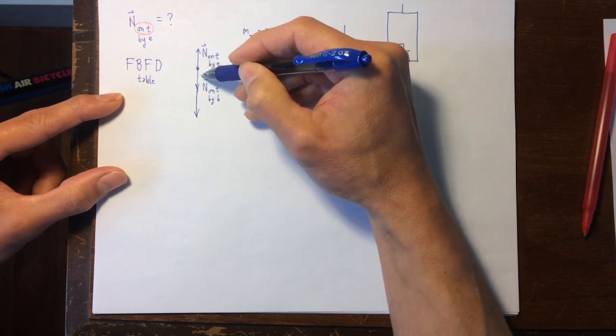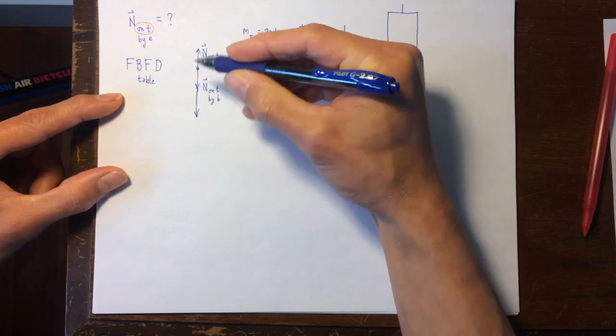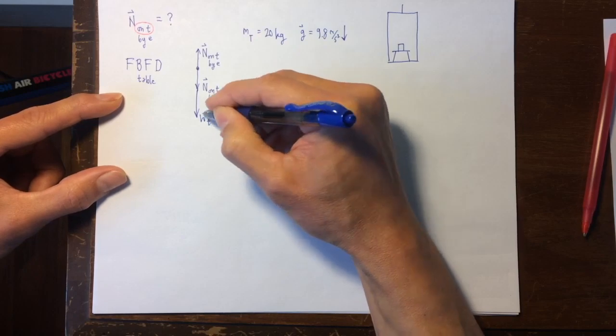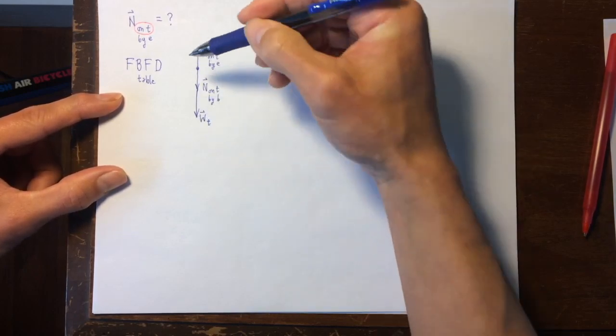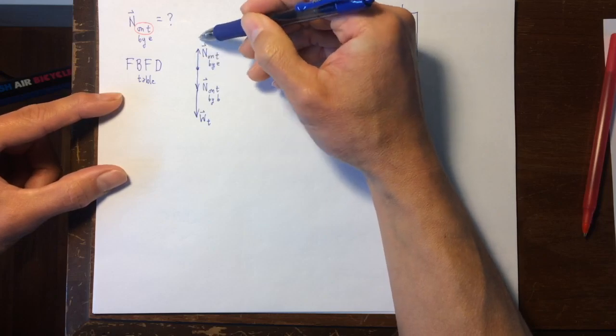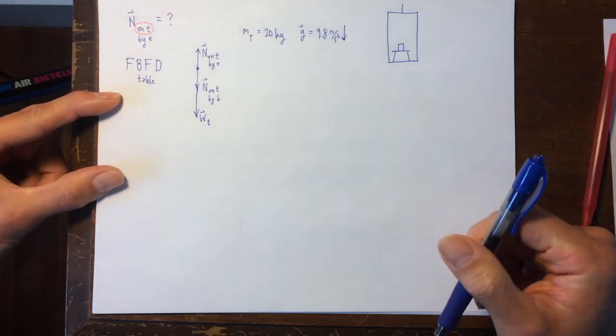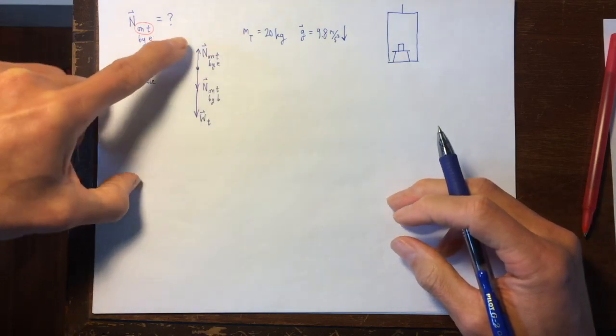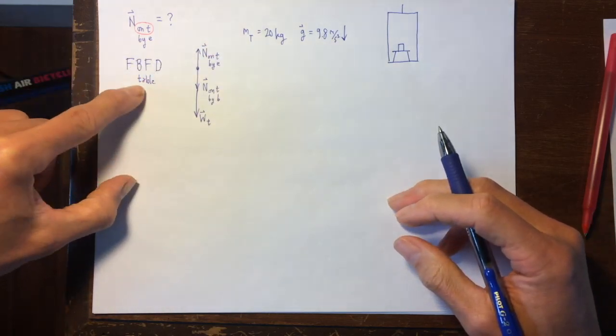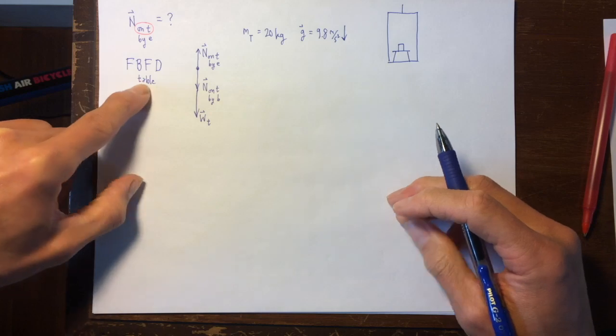This is the weight of the table. They are acting together downwards, and there is an opposing force upwards, the normal force on the table by the elevator. So this is my complete free body force diagram. There are only three forces acting on the table.